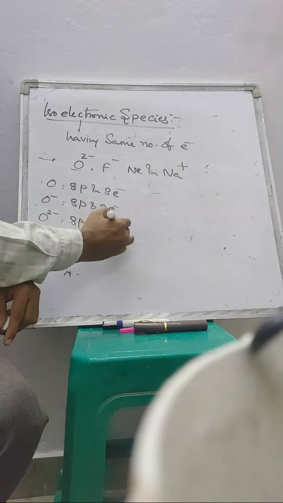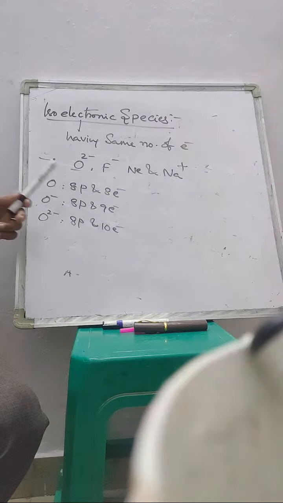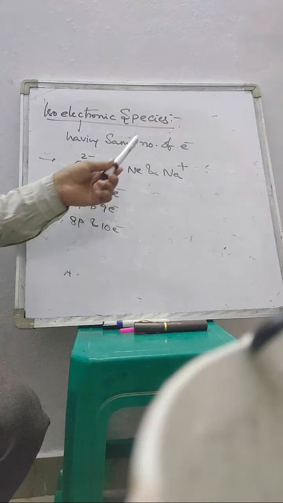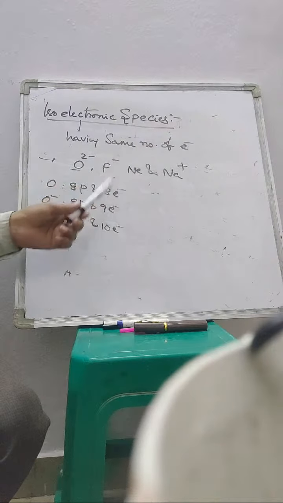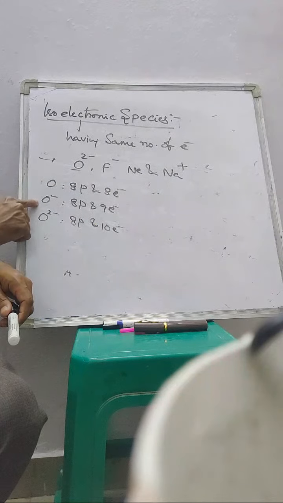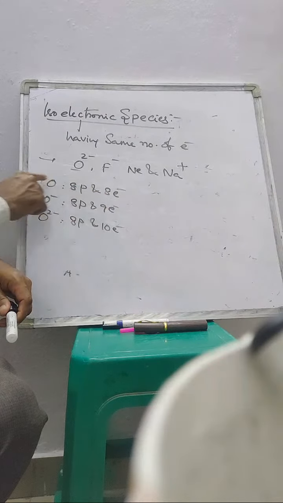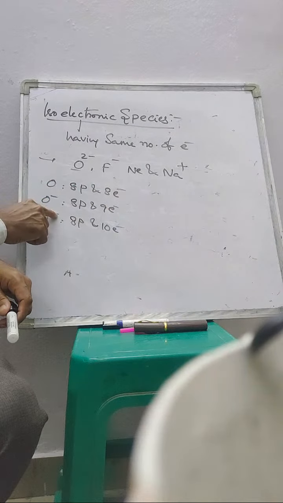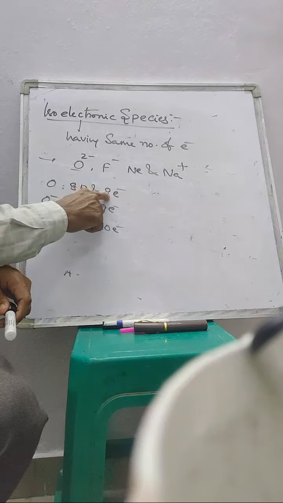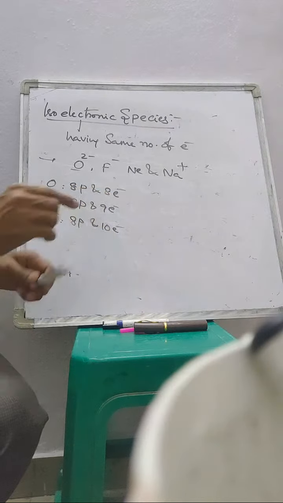Negatively charged species are formed by gaining of electrons, and positively charged species are formed by losing of electrons. O minus is formed by gaining of 1 electron by the oxygen atom. Then O2 minus has accepted 2 electrons. That's why initially oxygen has 8 electrons plus 2, total 10 electrons.